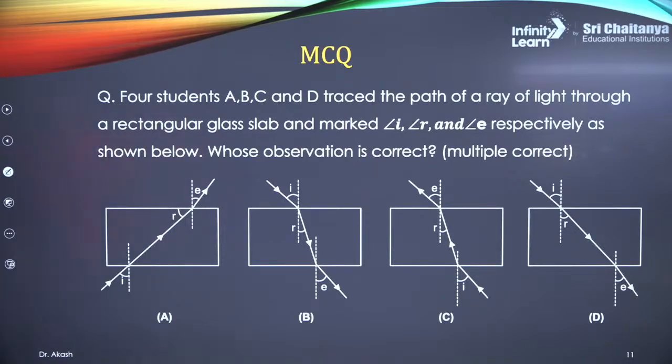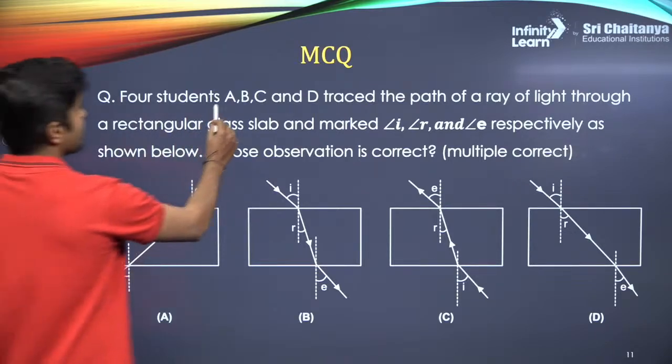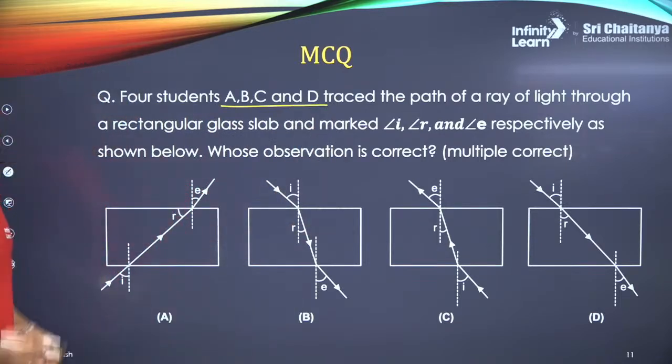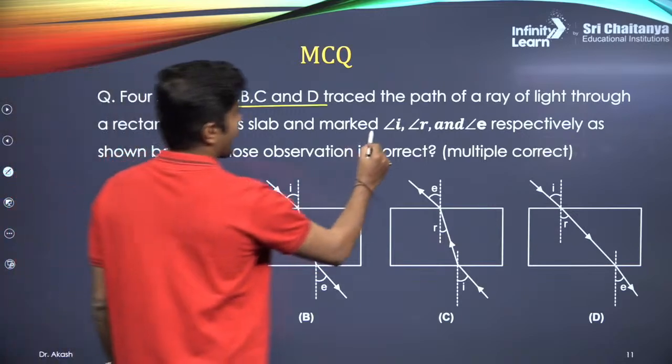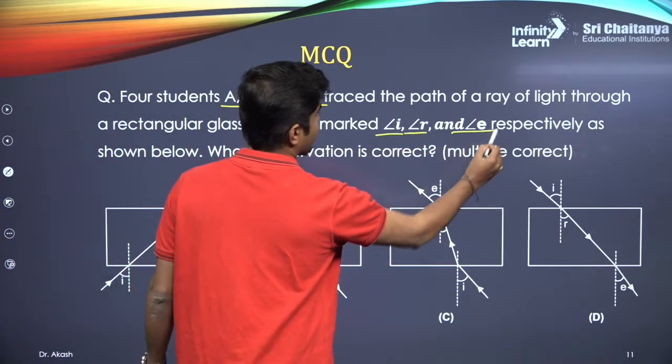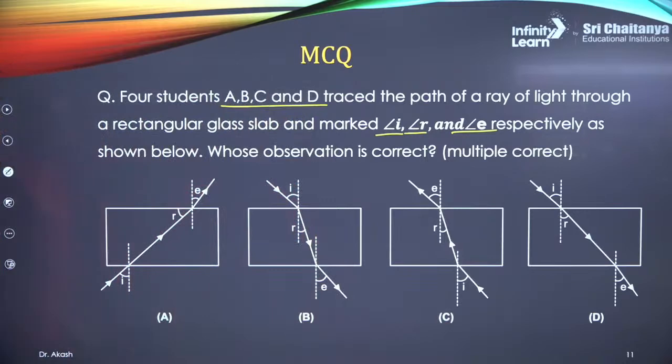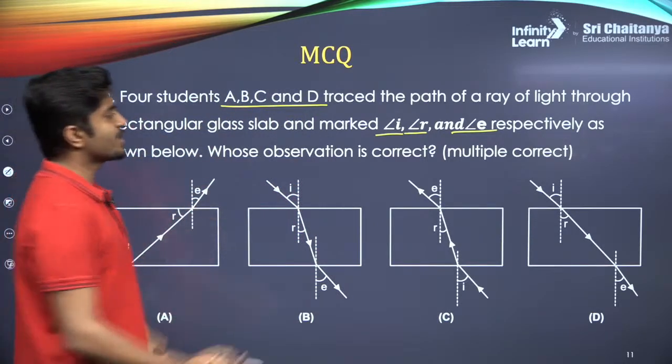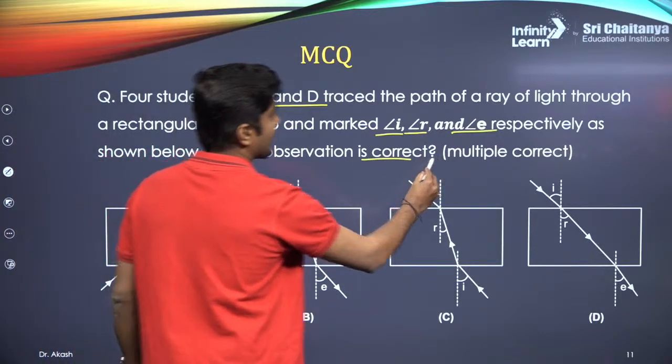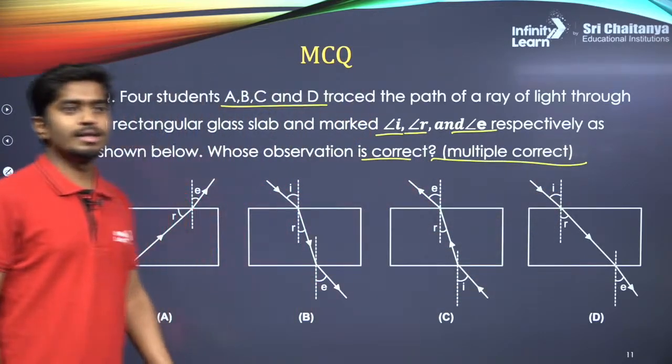So here 4 students A, B, C, D trace the path of a ray of light passing through a rectangular glass slab. They marked angle of incidence I, R and E as shown in these 4 figures. So now whose observation is correct? There are multiple correct options. Choose all the correct options.